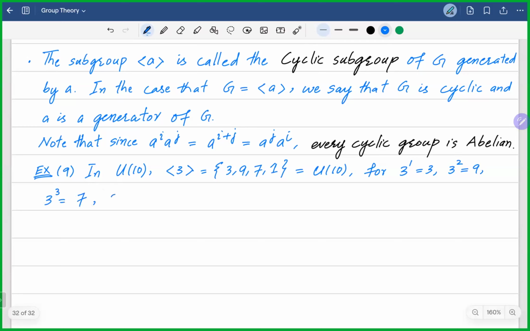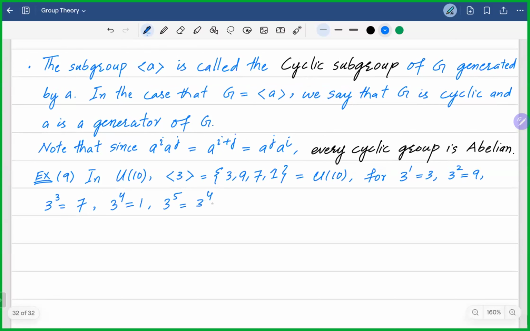And 3 power 4 is 1. 3 power 5 is 3 power 4 times 3, which is 1 times 3, which is 3.